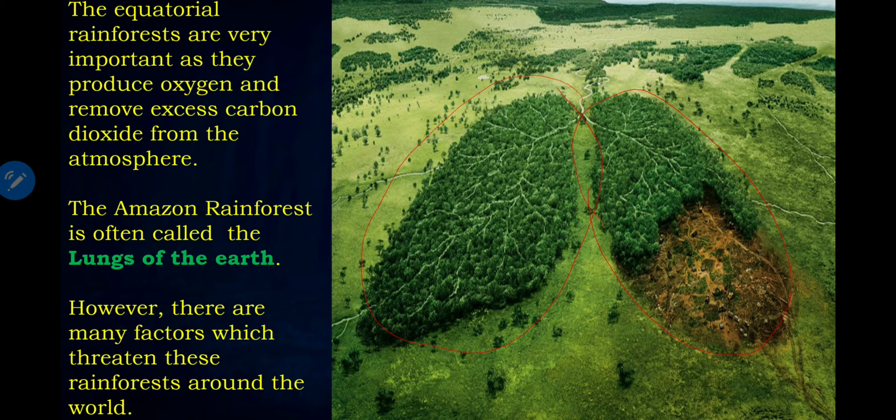In the same way, the equatorial rainforests are very important as they produce oxygen and remove excess carbon dioxide from the atmosphere. The Amazon rainforest is often called the lungs of the earth. So that is the reason trees are important. However, there are many factors which threaten this rainforest around the world.